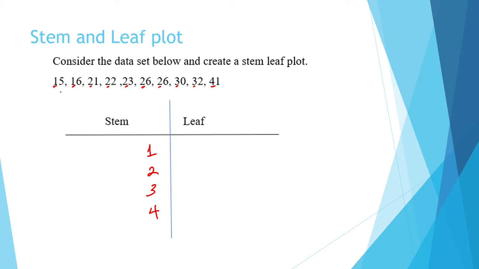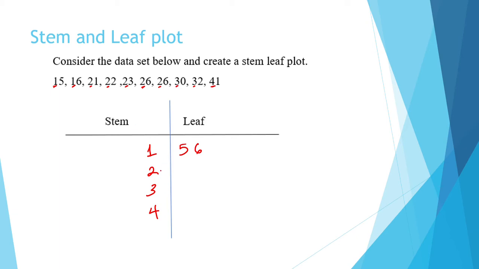15 is represented like this, 1 on the stem part and 5 on the leaf part. So this represents 15. 16 is going to be written like this, 1 and a 6. So this represents 16. We have 21.